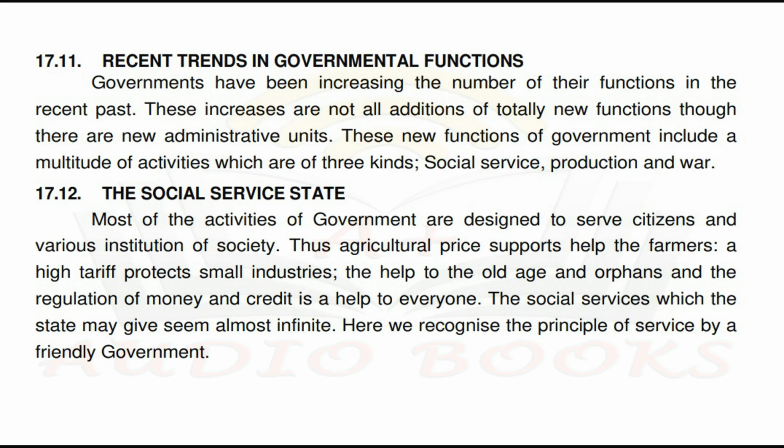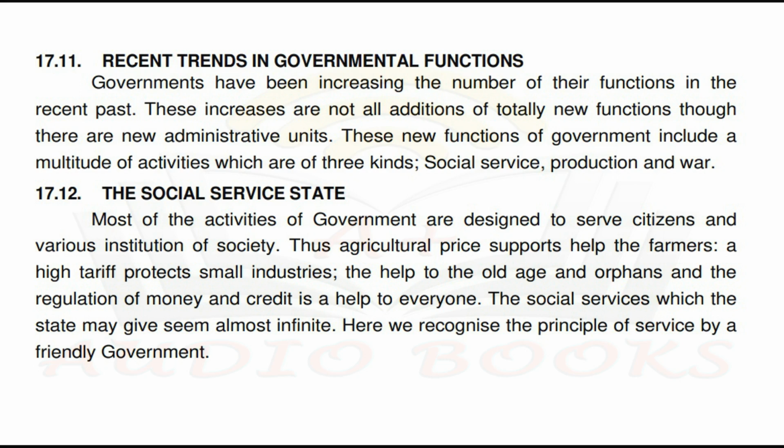These new functions of government include a multitude of activities which are of three kinds: social service, production, and war. The social service state. Most of the activities of government are designed to serve citizens and various institutions of society.